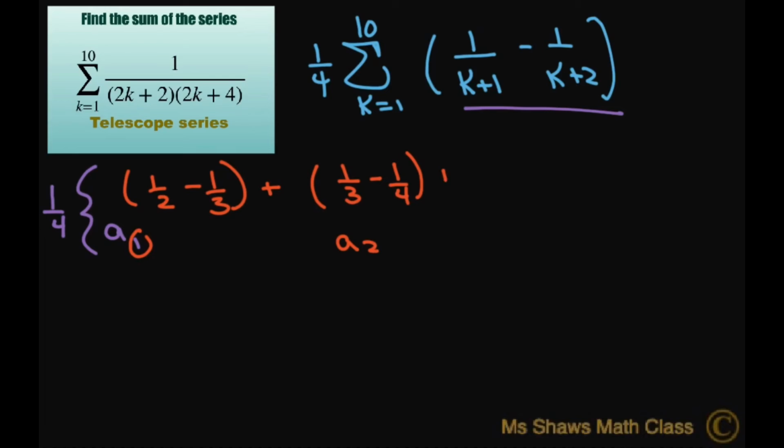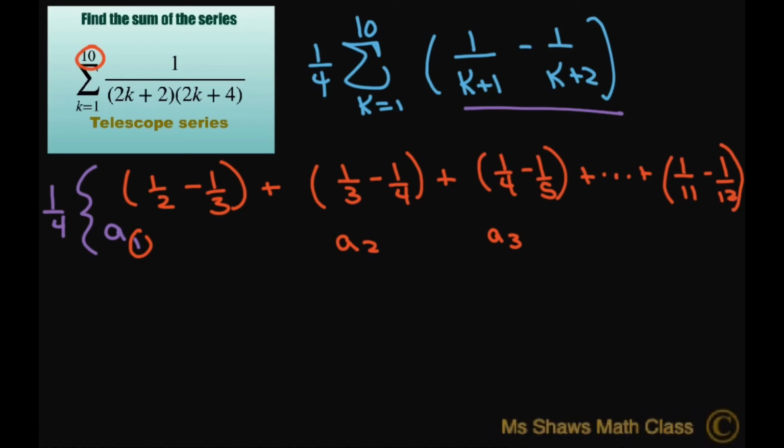Let's do one more. For a sub 3, that would be 1/4 minus 1/5, and so on. Now we're going to the 10th term. So this would be plus dot dot dot plus 1 divided by 11 minus 1 divided by 12. And this would be your 10th term.